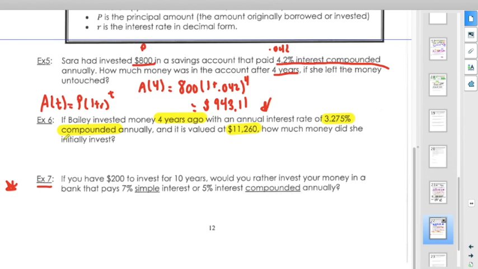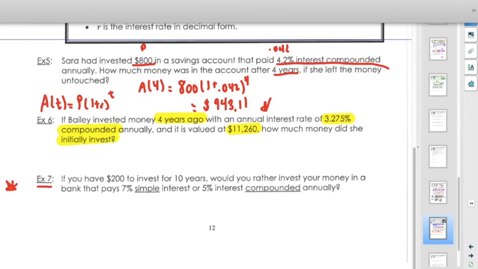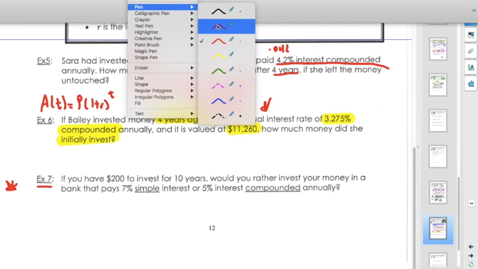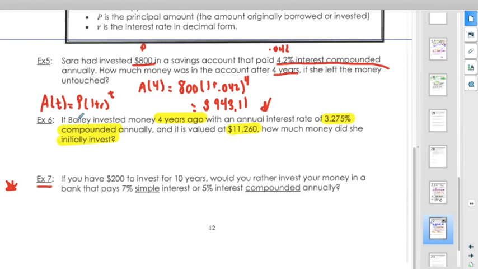How much did she initially invest? Let's break down each piece. What information is it giving us? Well, if she invested money 4 years ago, that's my T, right? With an annual interest rate of 3.275, well, we know we can write that as a decimal of 0.03275.